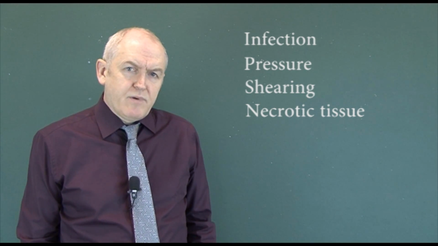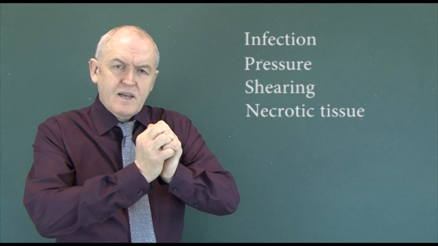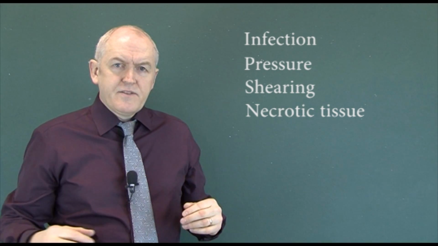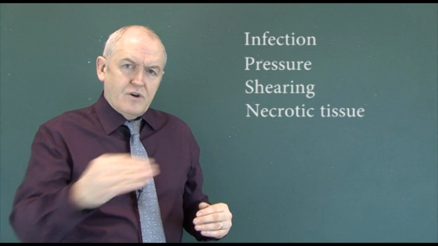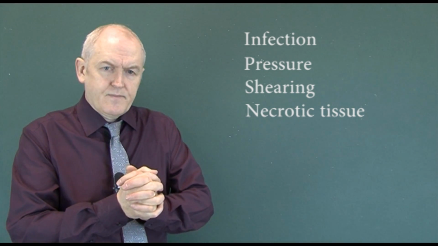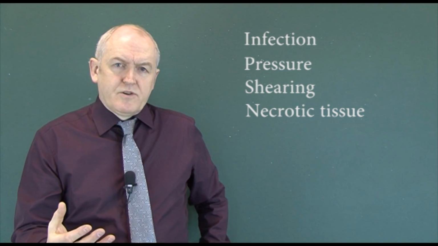To heal the wound by regeneration, we need migration of living cells, and living cells can only migrate over other living cells. They won't migrate over necrotic dead tissue. So it prevents cellular migration. So necrotic tissue should be removed wherever possible.